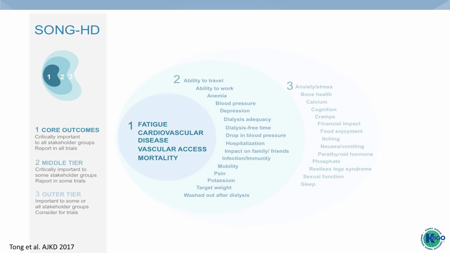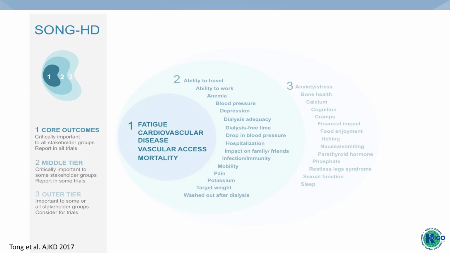If we look at the core outcomes that were prioritised by all of the patient groups and the clinicians, and I'm unclear as to how many administrators and funders were actually in this group, but the top priorities to be addressed were fatigue, cardiovascular disease, vascular access, and mortality.